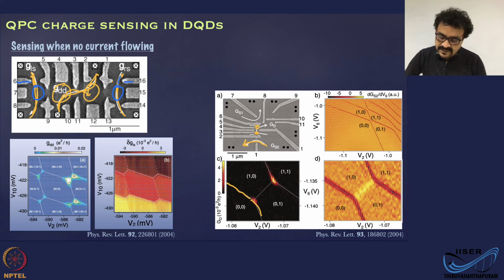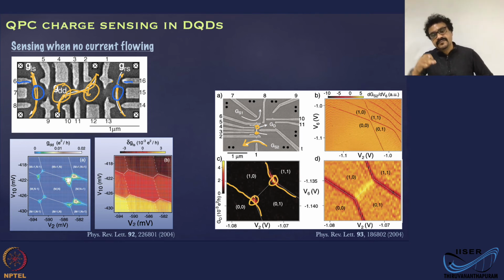few electron configuration of the double dot, the direct current measurement, where you can get peaks only at the triple points, the point where three charge configurations match. They are degenerate. But this same set of information, same data, you can obtain by using the charge sensing technique, by measuring the conductance of the channel here.